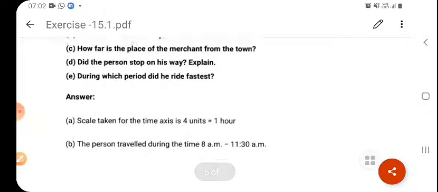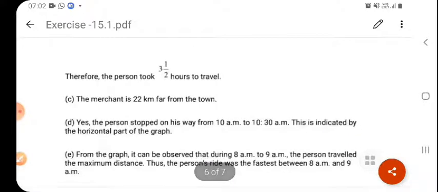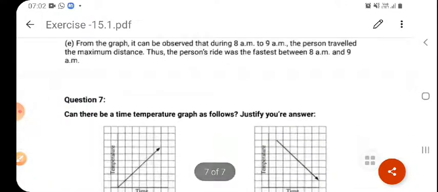So 4 units is equal to 1 hour, and here the person traveled from 8 am to 11:30. You can give the answers to the different questions.